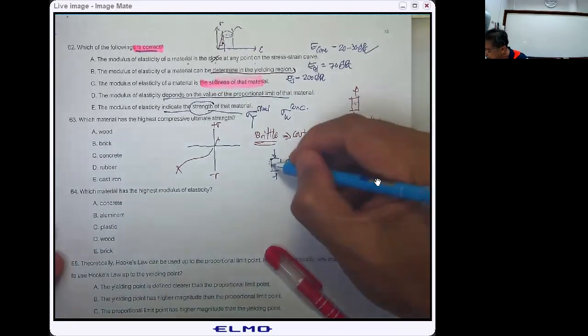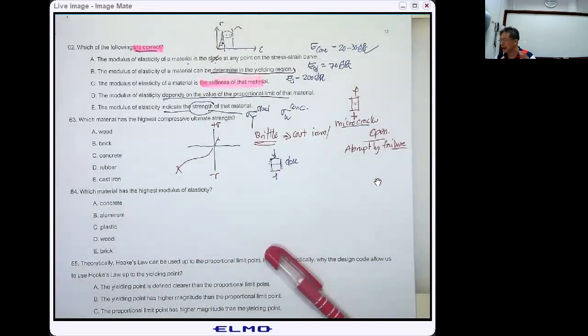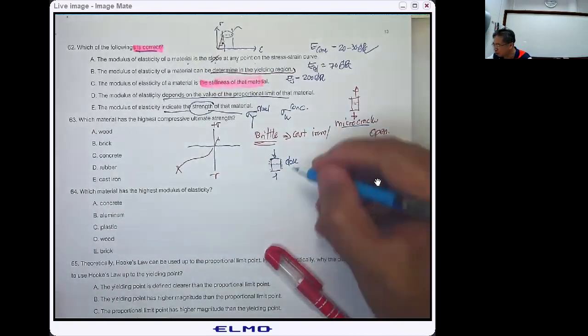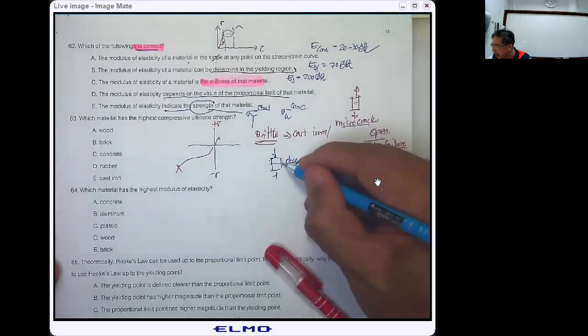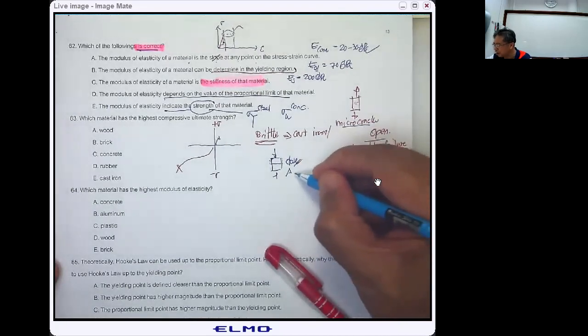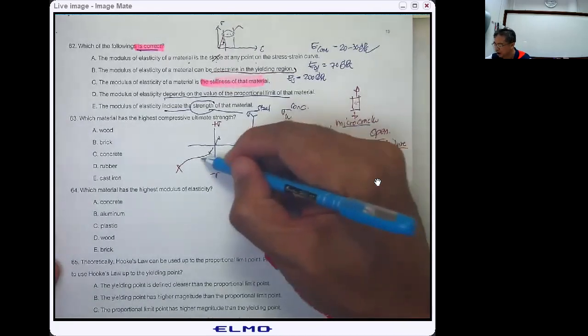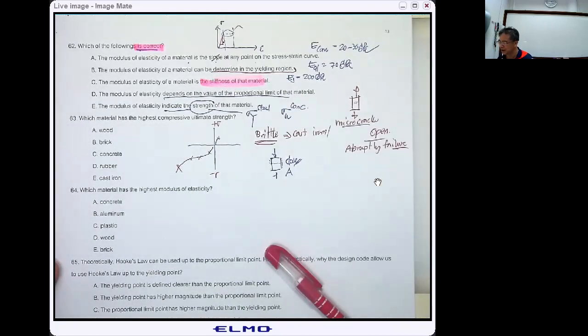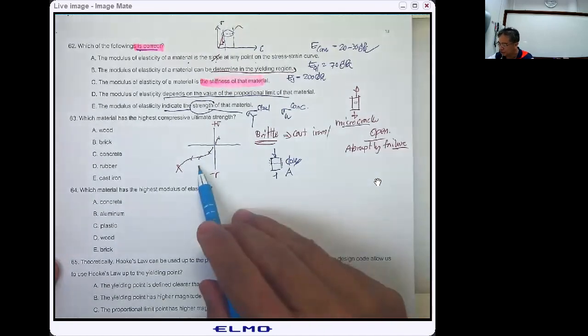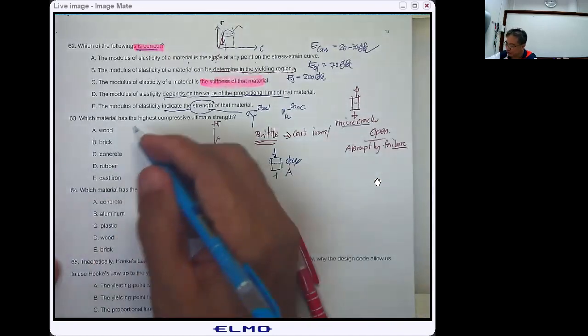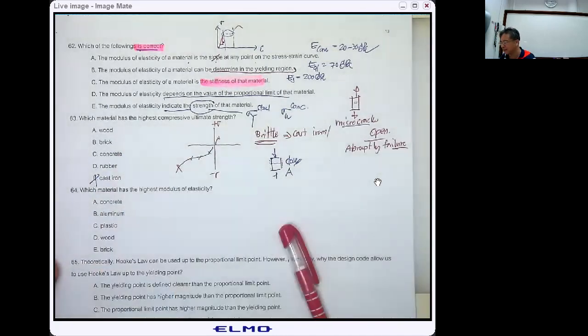So the area of the specimen also gets larger by closing the micro cracks, giving a larger cross-sectional area. The behavior of this cast iron is going to be like this one. So the highest compressive strength is going to be what? Going to be the cast iron, not the wood, not the brick, not the concrete, and not the rubber for sure.